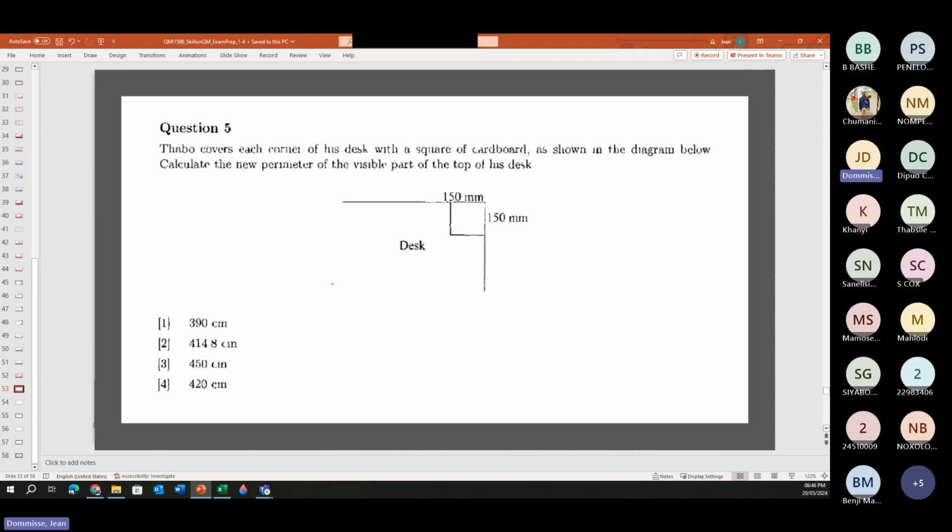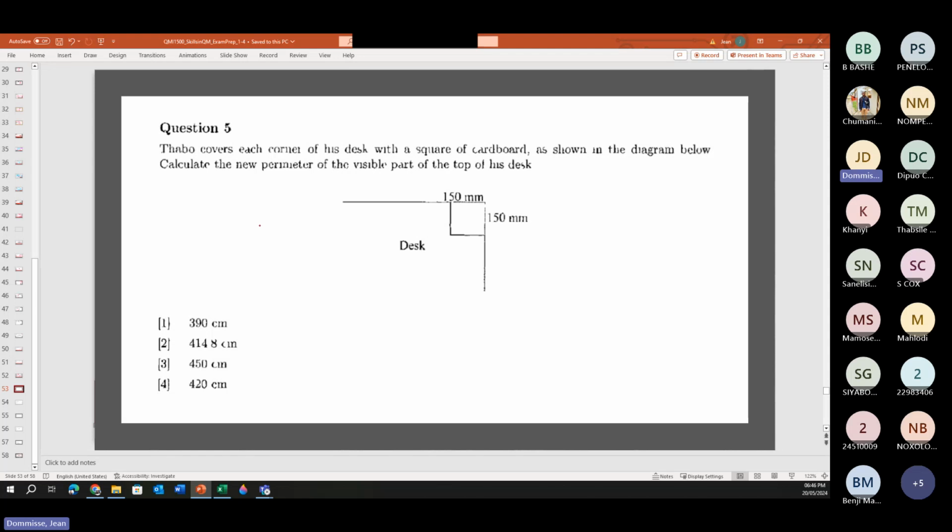Let's see what else I have included in here. Tabu covers each corner of his desk with a square of cupboard as shown in the diagram below.